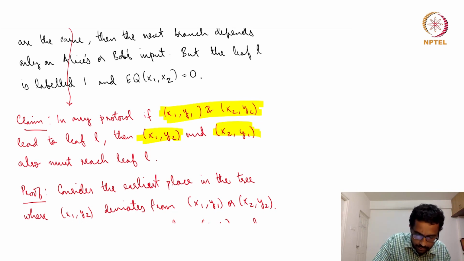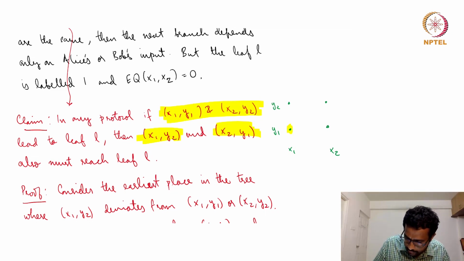So in other words, you can think of some coordinate kind of setup. Let's say this is x1, this is x2, this is y1, and this is y2. So x1 y1 is this input, maybe I'll highlight with blue this input. x2 y2 is this input.